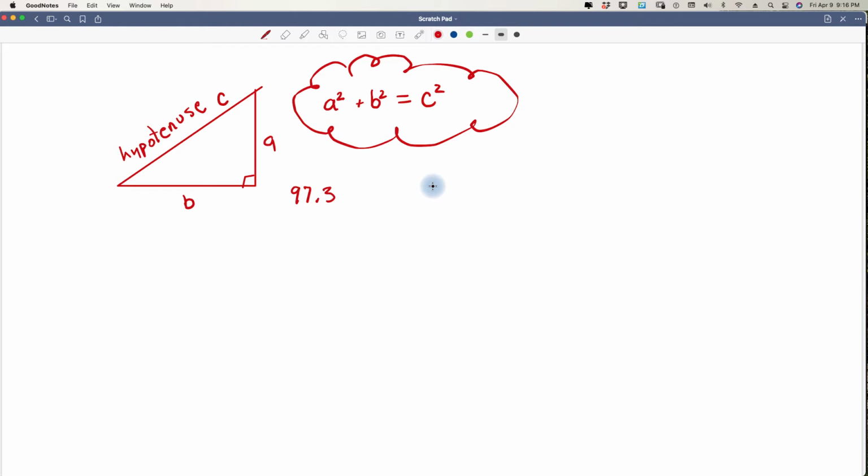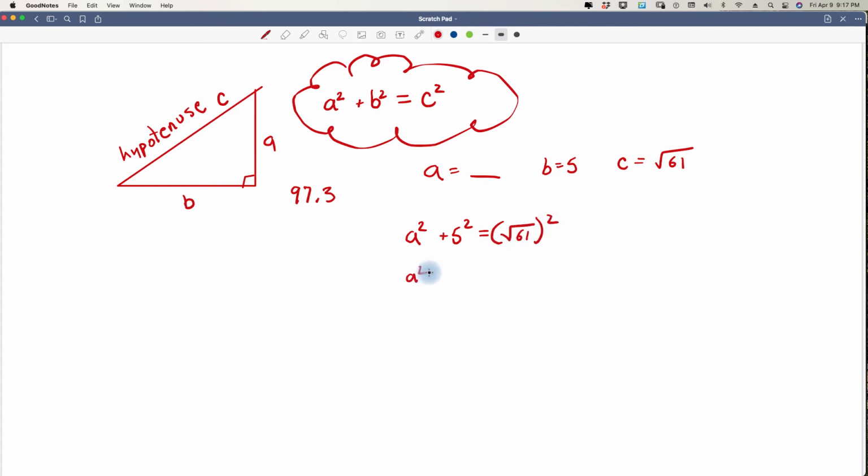All right, in this instance, A is unknown. We'll leave a blank for A. B is equal to 5. And the hypotenuse, C, is equal to the square root of 61. So we say A squared plus 5 squared equals the square root of 61 squared.